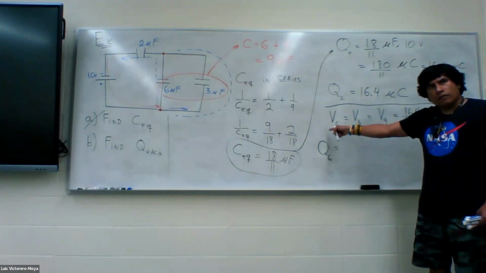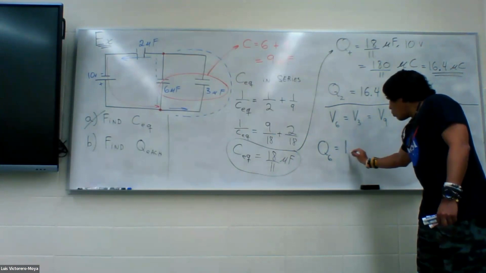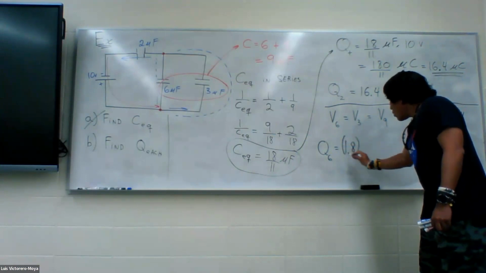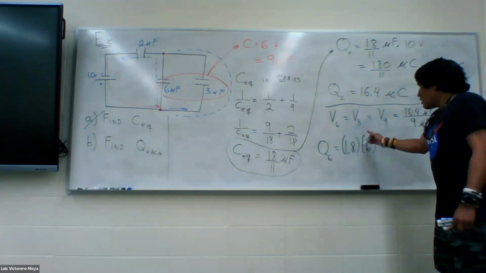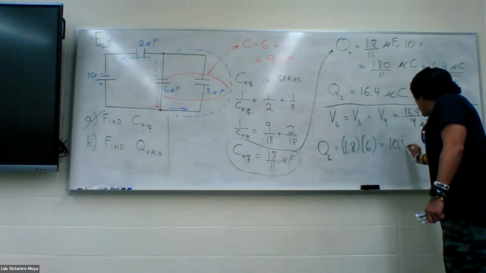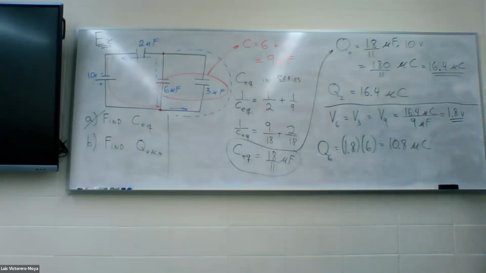Which is the voltage on 6? So what's the charge on 6? 1.8 volts multiplied by 6 microfarads. That will be 10.8 microcoulombs. All right.